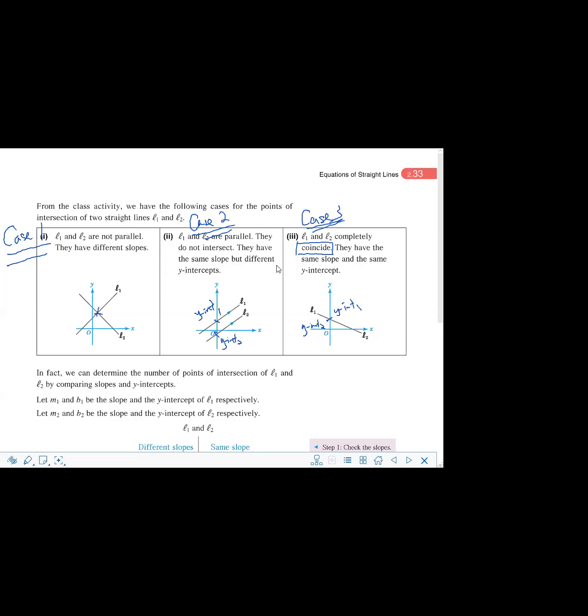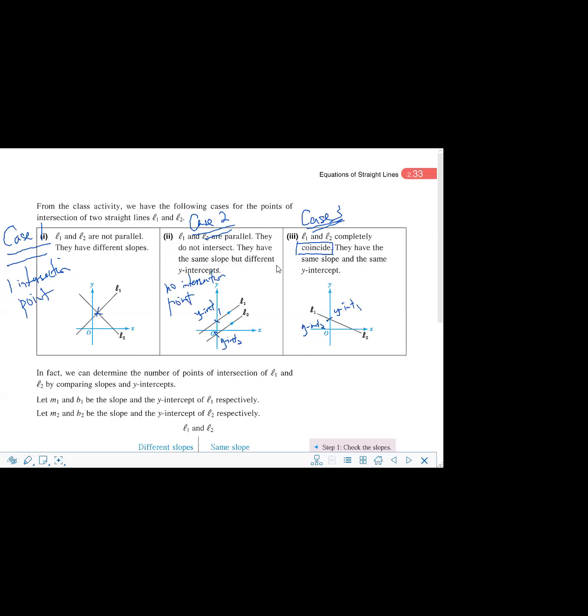And then we are counting how many intersection points there are. In case one, there is only one intersection point. For case two, if they are parallel but with different y-intercepts, they will have no intersection points.